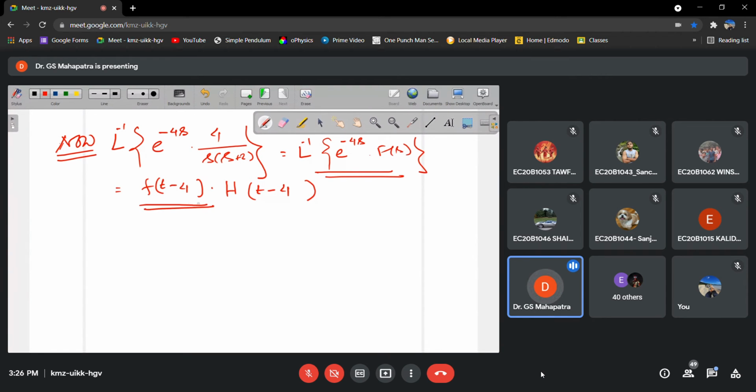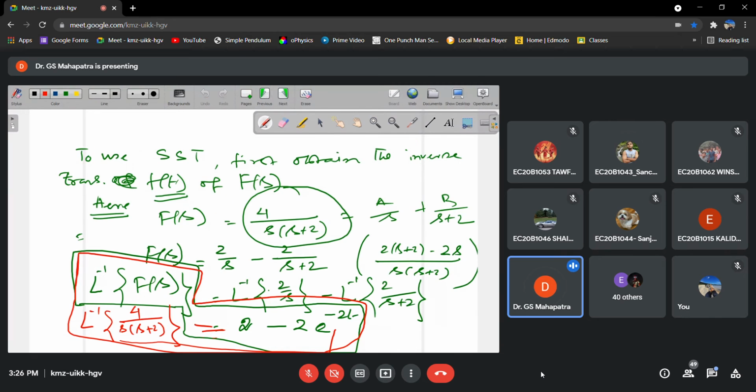But what is f of t minus 4? Earlier we had f without the shift. What is f? This is actually f of t, that is the Laplace inverse transform of capital F of s. So this one is f of t.